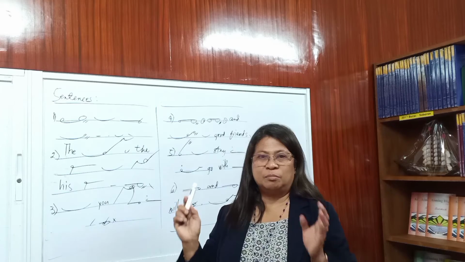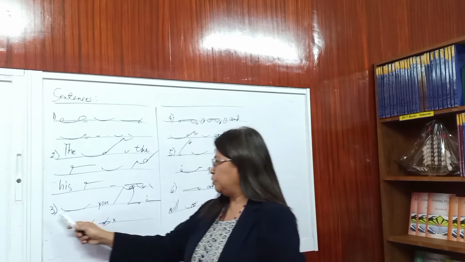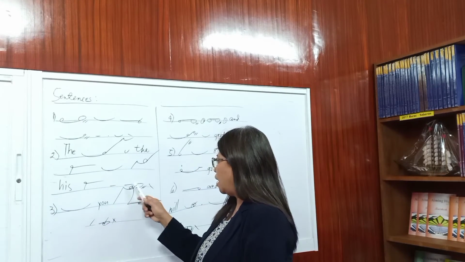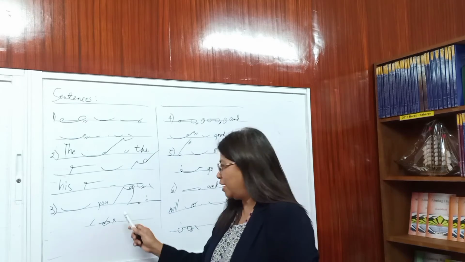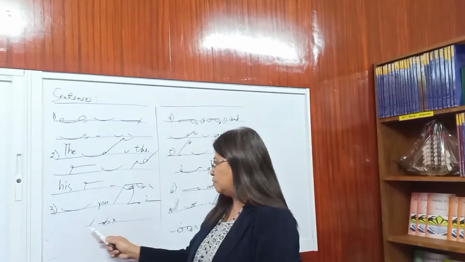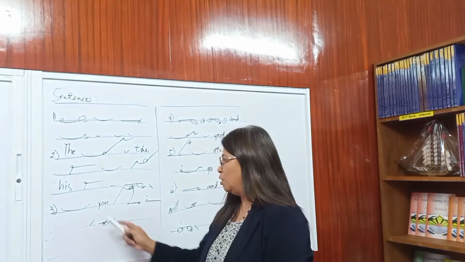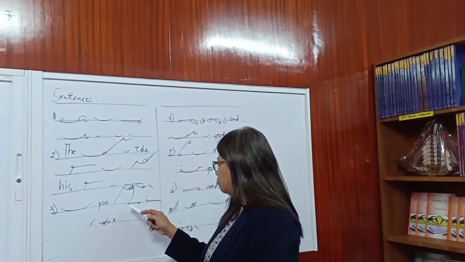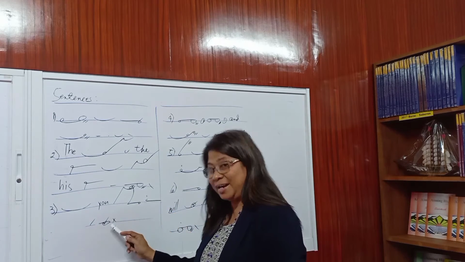Capitalize that, meaning the month of May, period. Number 3, will you, D-R-I-V, drive, M-E, drive me, H-O-M, home, at night, question mark. So, will you drive me home at night?